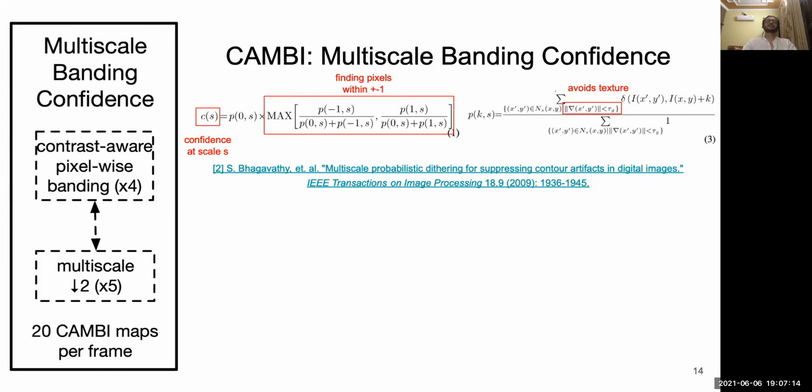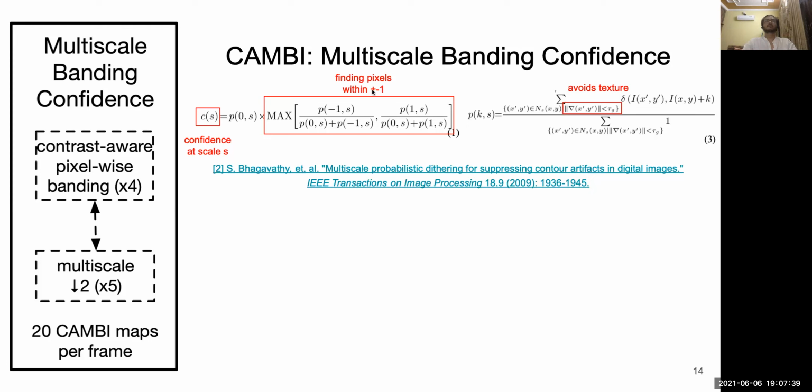Okay. So the next step is multi-scale banding confidence, and this is the main workhorse of CAMBI. This step is largely derived and modified based on a paper by Bhagavathy et al. in 2009. What this paper does is that for each pixel, it calculates a banding confidence at a scale S. The scale is basically a neighboring window around the pixel.